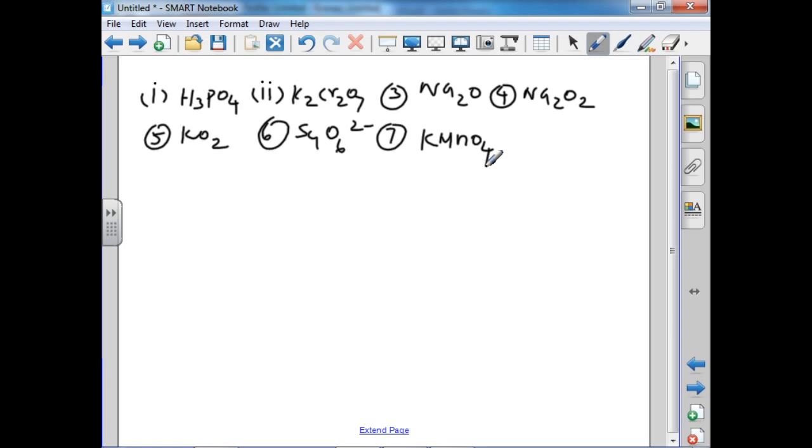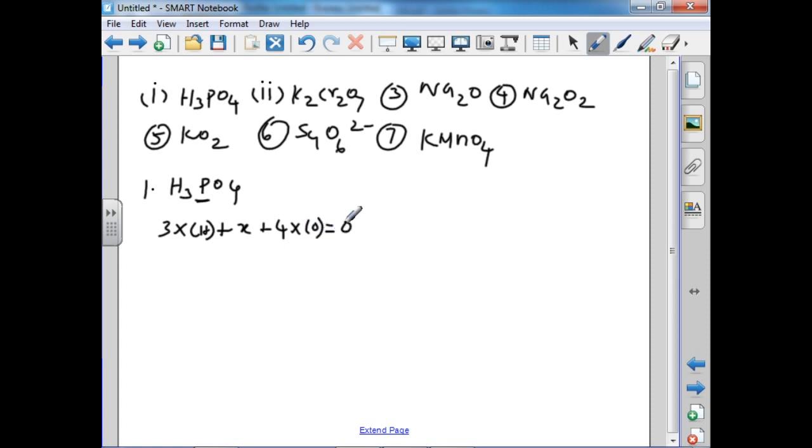So first one is H3PO4. Find out the oxidation number of phosphorus in phosphoric acid. So 3 atoms of hydrogen, P as X, because we are going to find the oxidation number of phosphorus, and 4 atoms of oxygen.